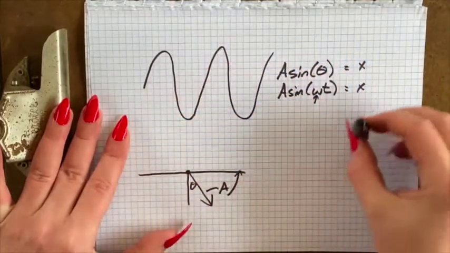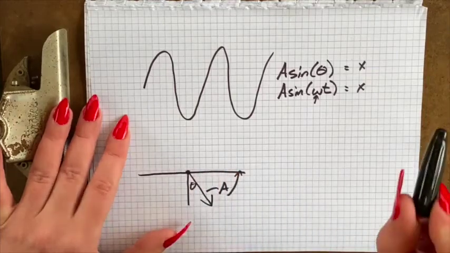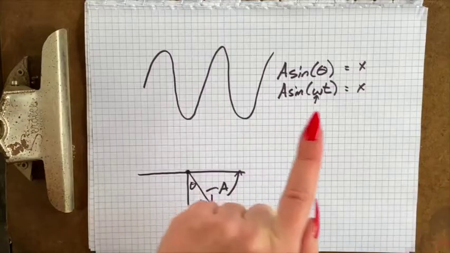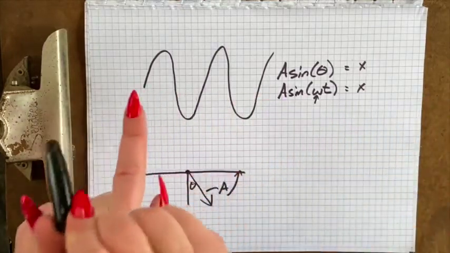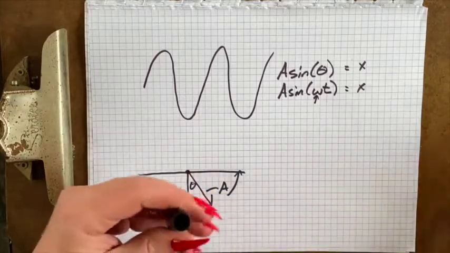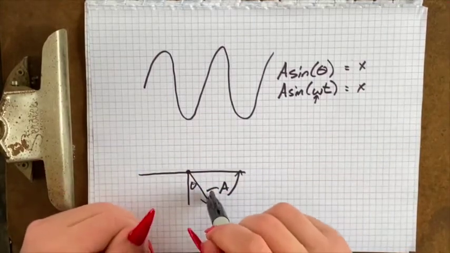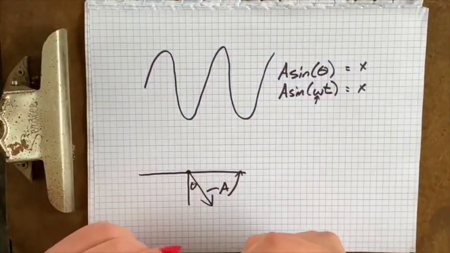But if we were to flip this on its side, what you're really looking at is a shadow of something in simple harmonic motion. So hopefully you're convinced that a rotating vector, if we take one of its components, can really represent this.